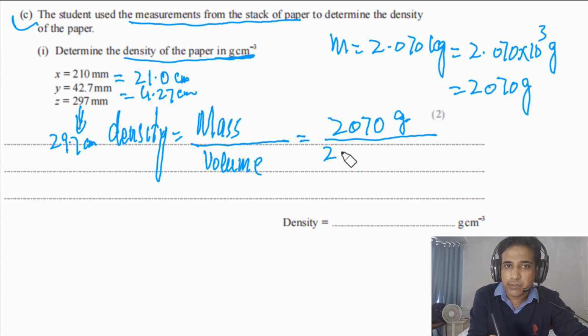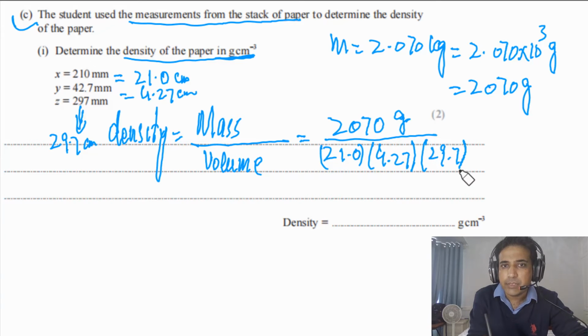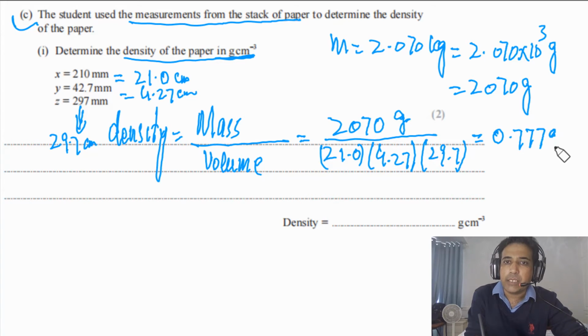Now we can plug in these values here. We have 21.0 and 4.27, all of them in centimeters, and 29.7 centimeters. If we solve this one, we will get 0.777 grams per cubic centimeters.